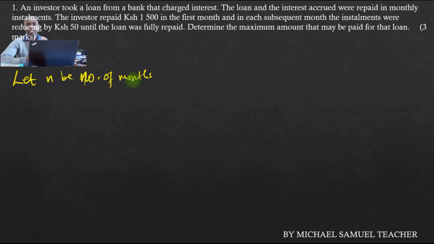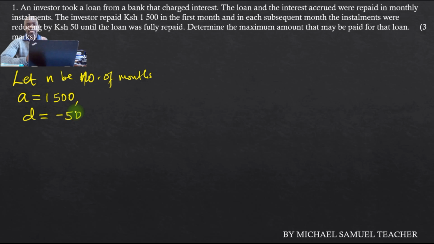So in our case, he repaid as a principal amount, so the first term will be 1,500. Then each month the installment reduced by 50 shillings. Therefore, the common difference, since it is reducing, is minus 50.